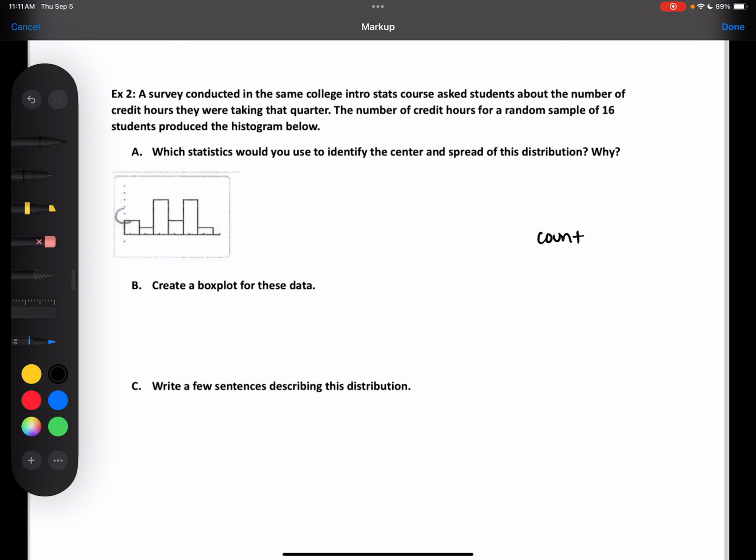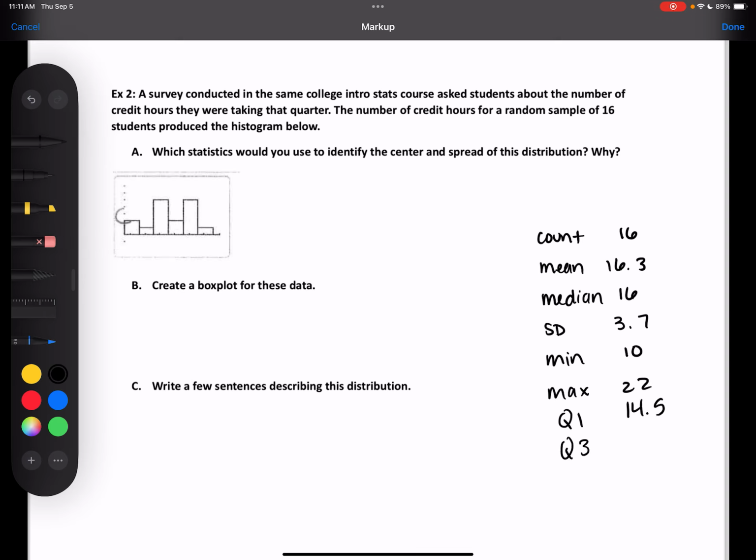Count is 16, mean is 16.3, median is 16, standard deviation is 3.7, the min is 10, max is 22, Q1 is 14.5, Q3 is 20. So that would have all been given to you. Just the way it was on my paper, I didn't realize that was supposed to be given information.